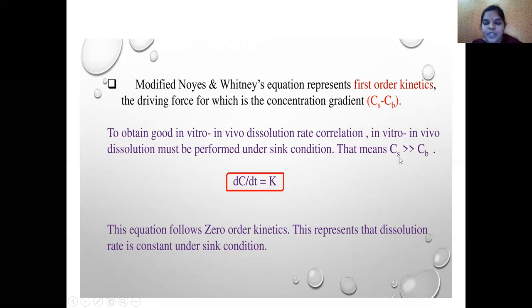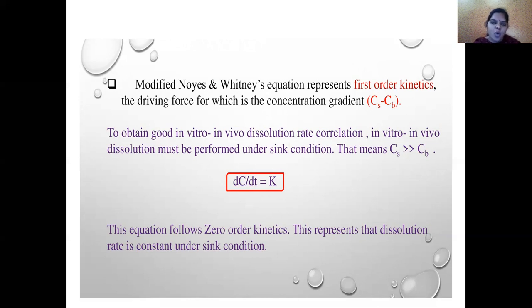That means the stagnant layer drug concentration will be more than the concentration of drug at the bulk of the solution. In those circumstances, what will be your equation? dC/dt is directly a constant. So this equation follows zero order kinetics. This represents the dissolution rate will be constant under the sink condition.